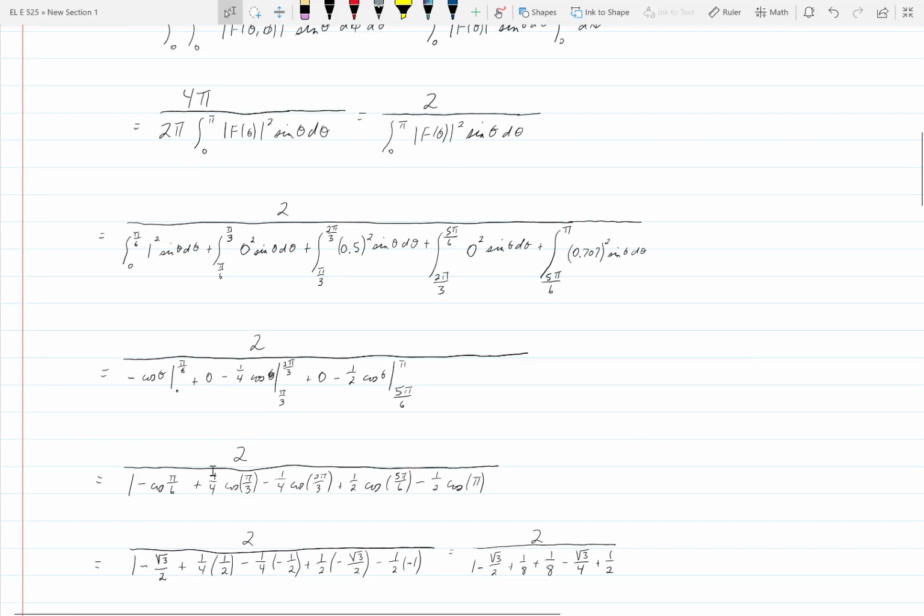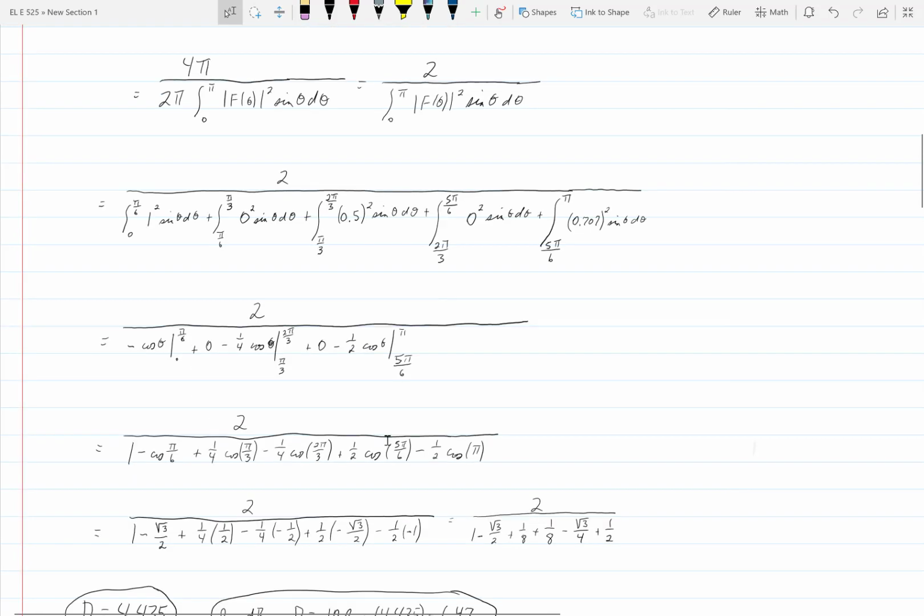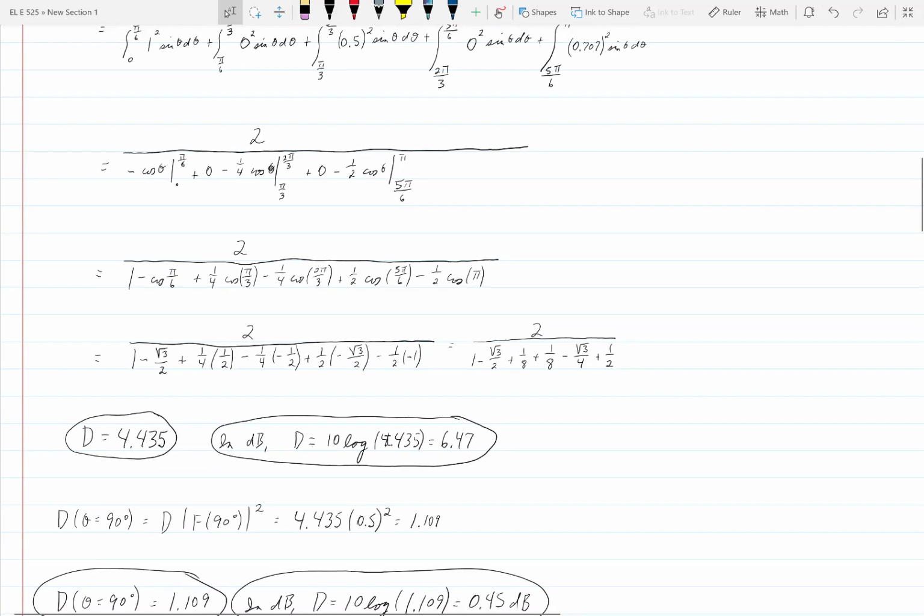And so we go ahead and do all of those integrals and evaluate them between the appropriate limits, and we end up getting D equal to 4.435.